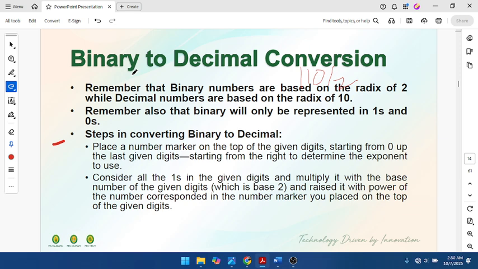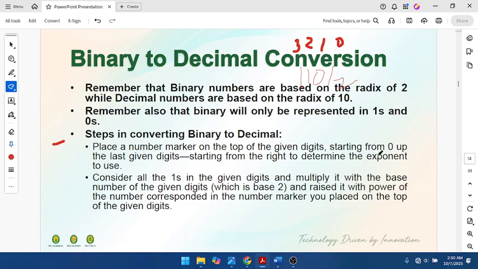So for example, let's have the positions from base 0, then 1, 2, and 3. Since we are converting to decimal, let's extract.